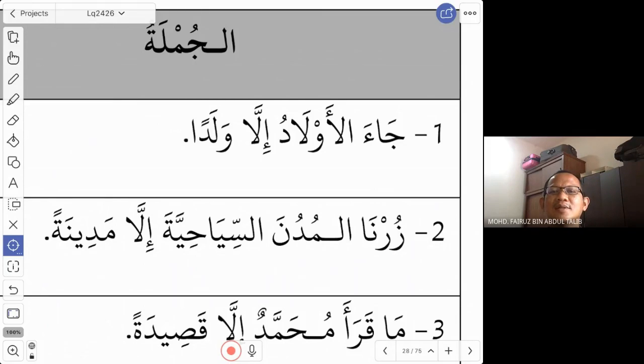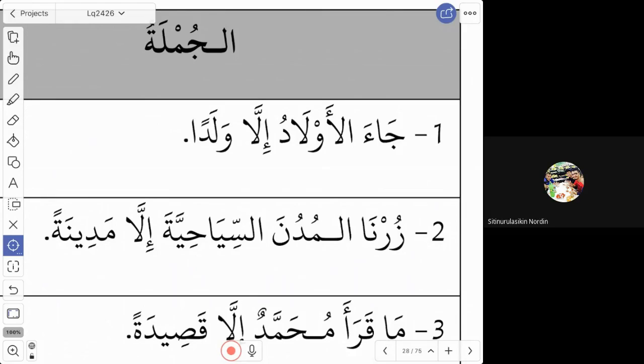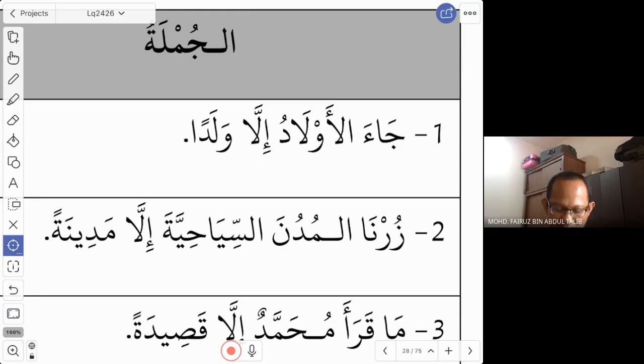Zara means visit. So when Zara is combined with na, it becomes zur: zurtu, I visited; zurna, we visited. So we visited the mudun siyahiyah. Mudun is the plural of madinah. Siyahiyah is from the word siyaha, which means travel or tourism.